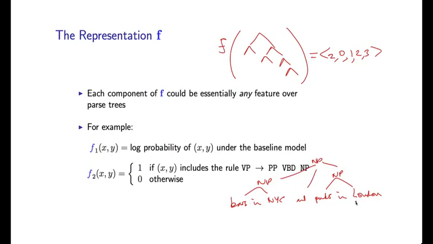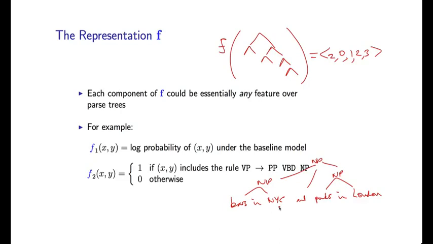And we could have a feature which counts the number of parallel coordination structures we have within a parse tree, or a feature which counts the number of non-parallel structures we have within a parse tree. By introducing features which track the frequencies of these parallel versus non-parallel structures, our model can learn to prefer parallel versus non-parallel structures.